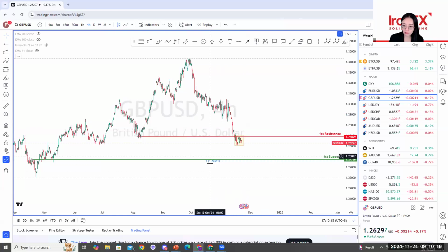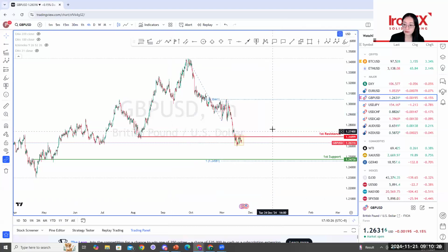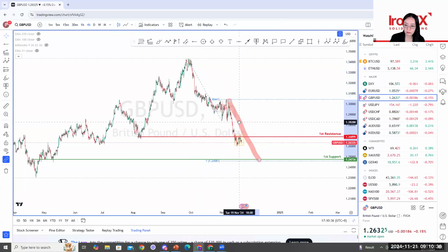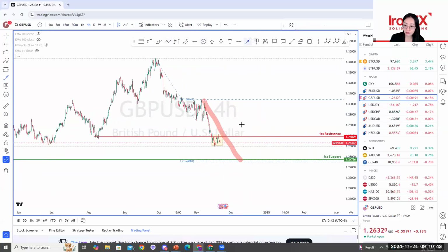Anywhere is my ending point and starting point. Okay, 100% here. So if you want to measure this one, it's 100%. Okay. So for GBP target first support is here.